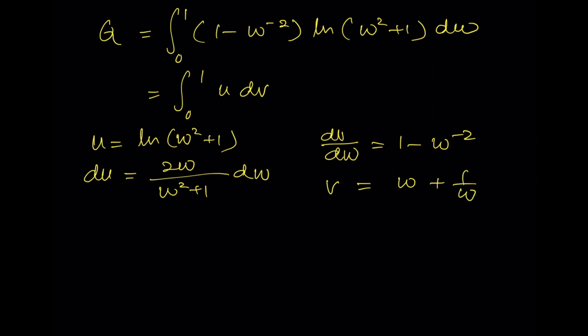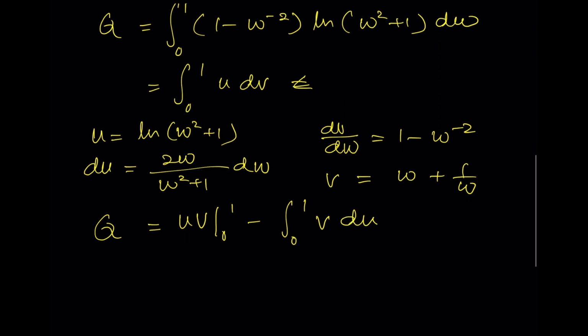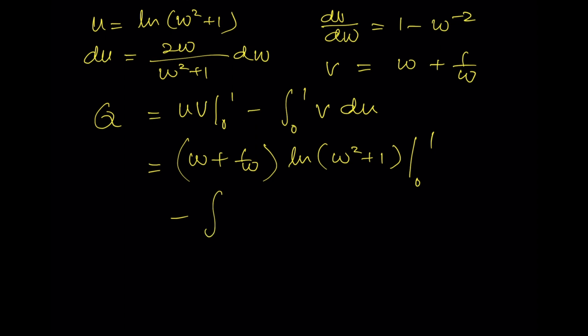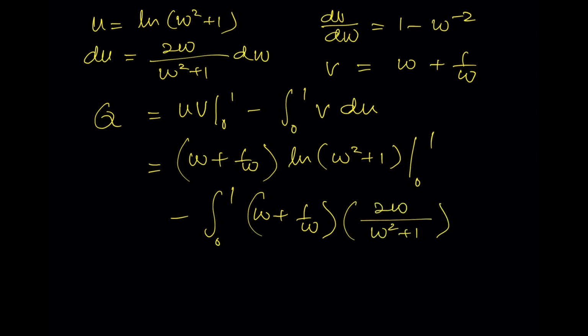From the definition of Q just now, we can further rewrite it as U multiplied by V, minus integral of V dU. We have all the terms we need, which is equal to W plus 1 over W multiplied by natural log of W power 2 plus 1, for W equals 0 and 1, and then minus integral 0 to 1 of W plus 1 over W multiplied by 2W divided by W squared plus 1, and then dW.